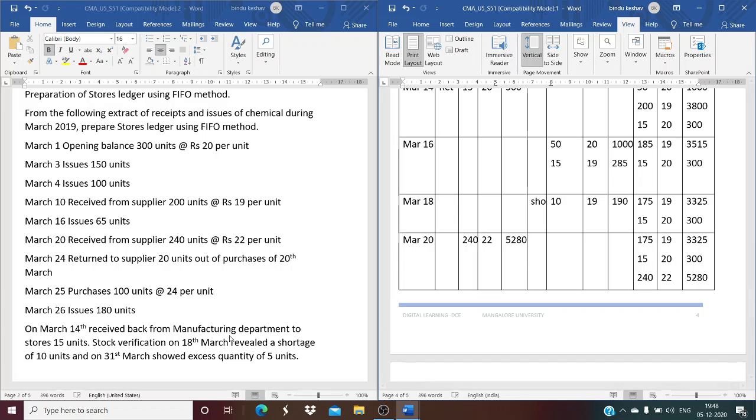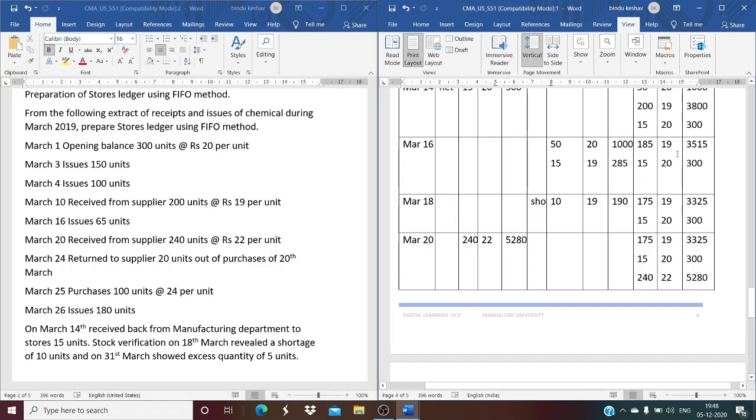Now, on March 18th, the stock verification revealed a shortage of 10 units. Whenever there is a shortage of 10 units, it will be shown from the first item. That is the first in, first out method, based on the method which is being used. So the first lot is 185. From 185, we assume that there is a shortage of 10 units.